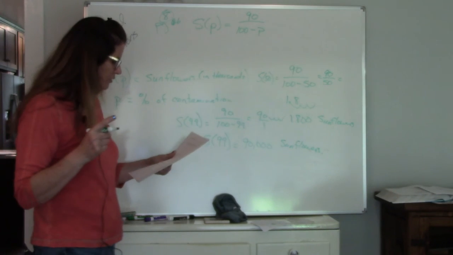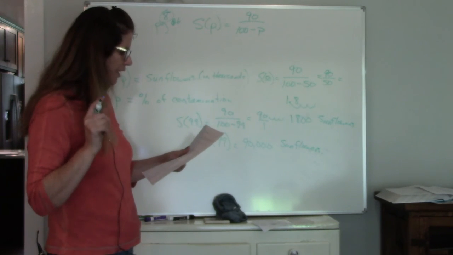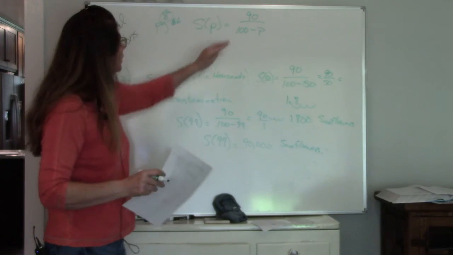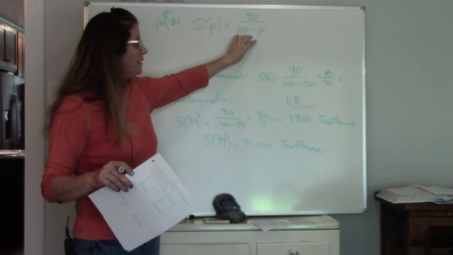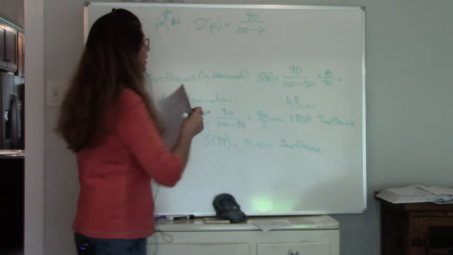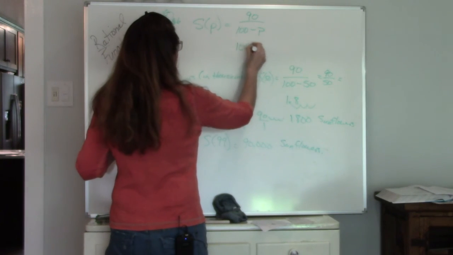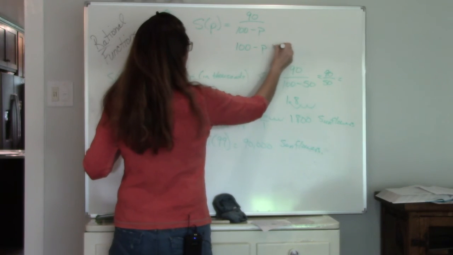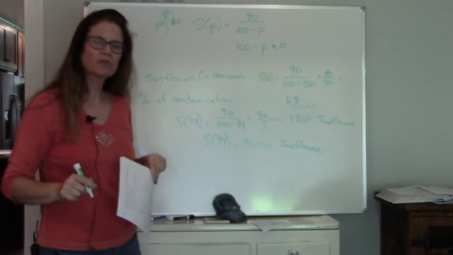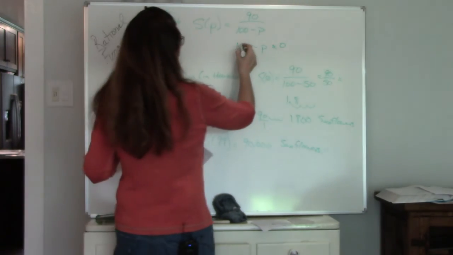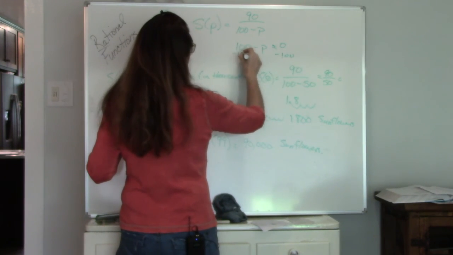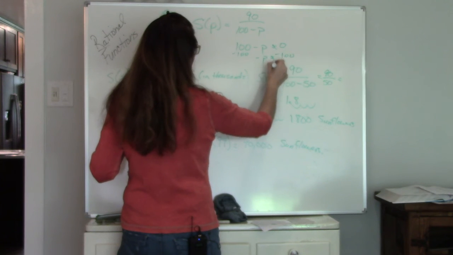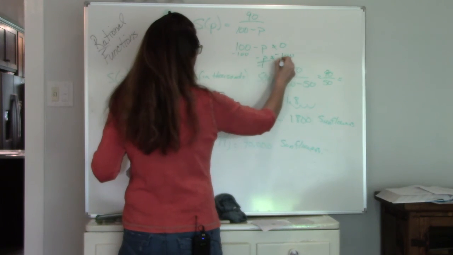And then the last question says, what percent removal cannot be achieved? Anytime you're looking for what can't happen, you go back to the denominator and find the one number that will make this denominator 0. If you solve for p, you bring your 100 over, then divide by negative 1, and you get negative 100.